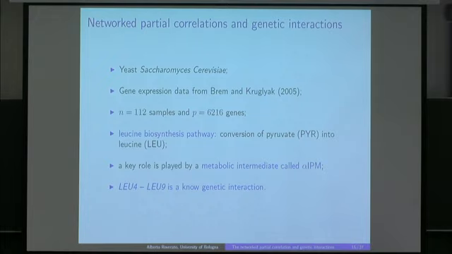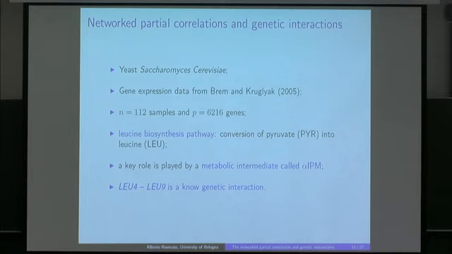In this pathway, there is a metabolic intermediate called alpha IPM. It's a very important intermediate in the process, and there are two genes, denoted by LEU4 and LEU9, with a known genetic interaction. As far as we know, it is the unique genetic interaction known in this pathway.